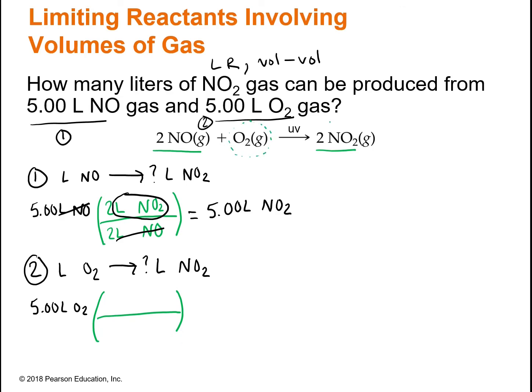We're looking at oxygen and nitrogen dioxide. We still want those moles or liters of nitrogen dioxide in the top, just like before, but in the bottom, we're going to put oxygen gas.